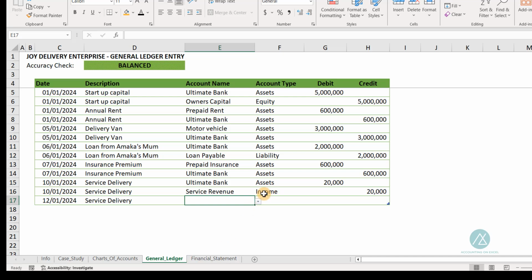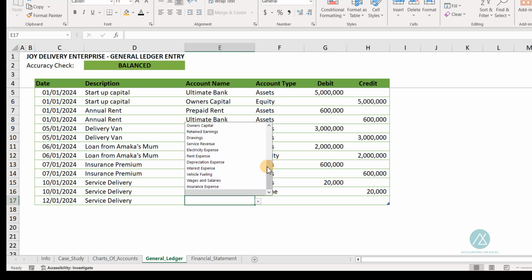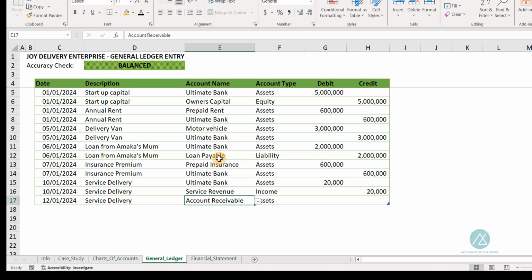So first of all, because money was not received, the service was rendered, but payment is yet to be made, we have a receivable account. We are expecting money, so we capture it in our account receivable because we have rendered the service. Account receivable is an account where you record that service has been rendered, but payment has not been made.